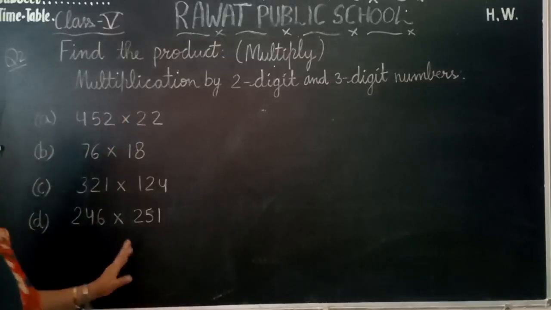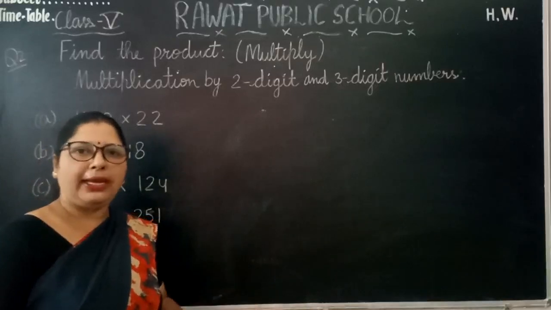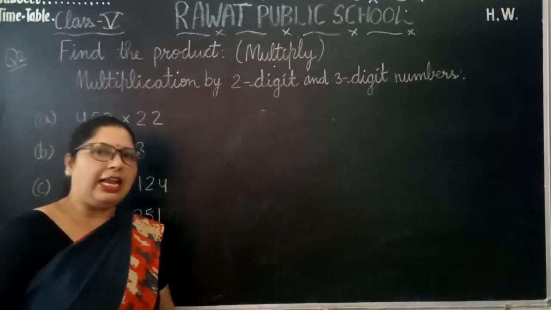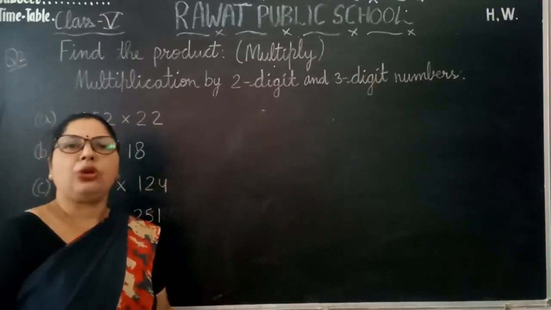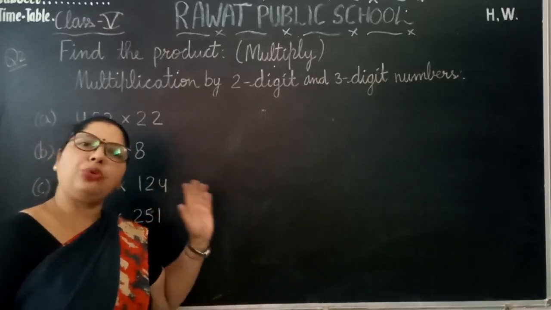You have to solve these sums by yourself. If you have any query or problem regarding these sums, then we will discuss it in the live class. Try to complete these sums yourself. Don't take help from anyone. You have to do it yourself.